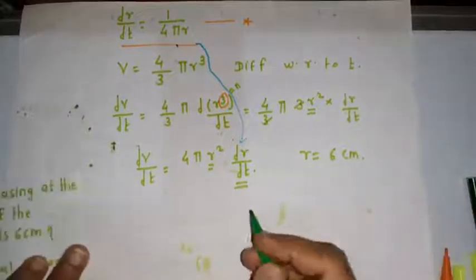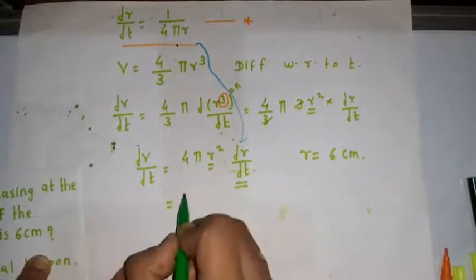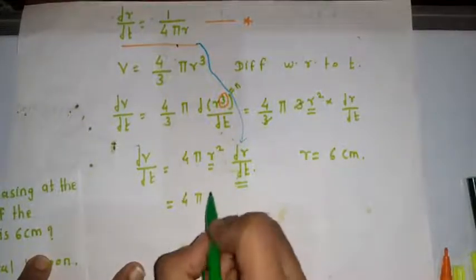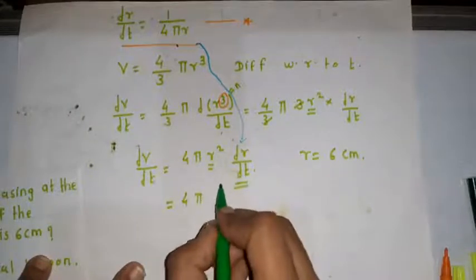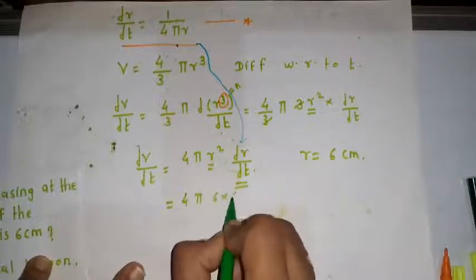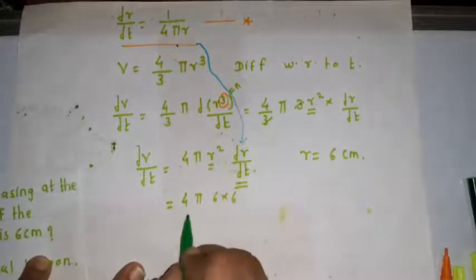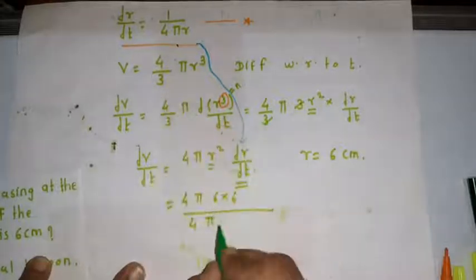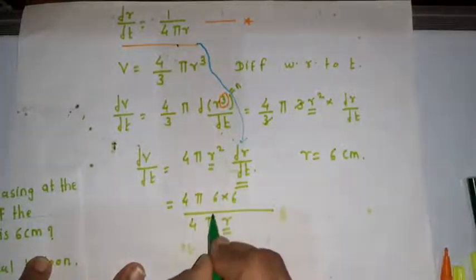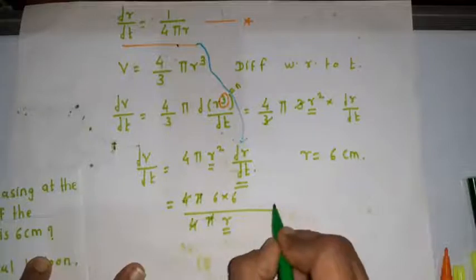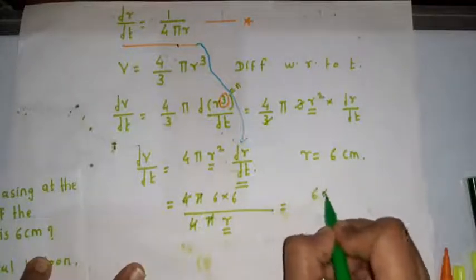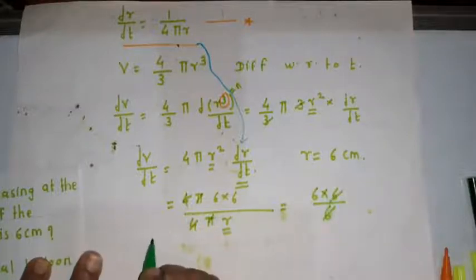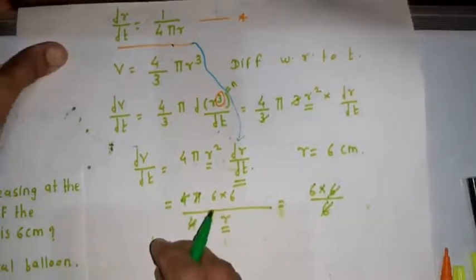So after putting the values we will get 4 pi r square, that is 6 into 6, times 1 upon 4 pi r. Put the value of r, 4 pi gets cancelled, and that is 6 into 6 upon 6, the 6 gets cancelled.